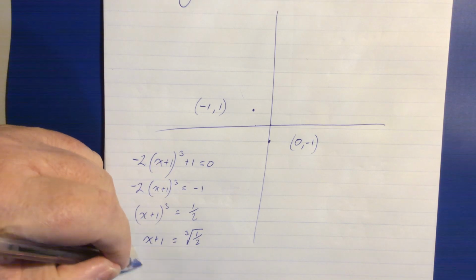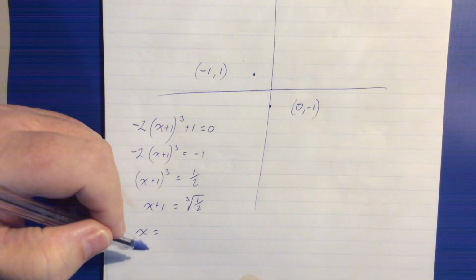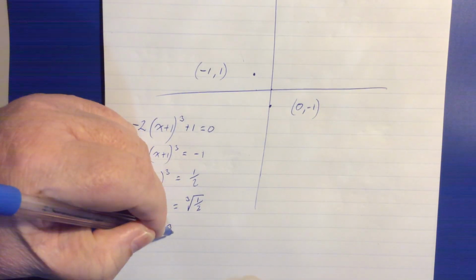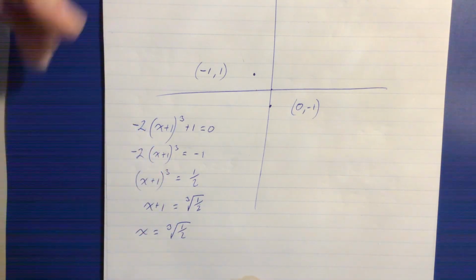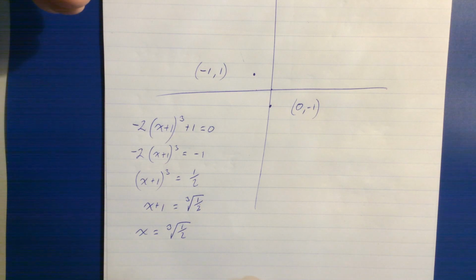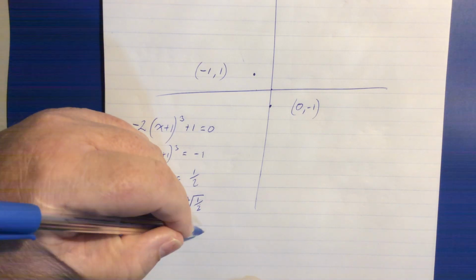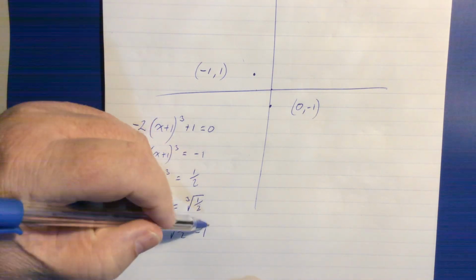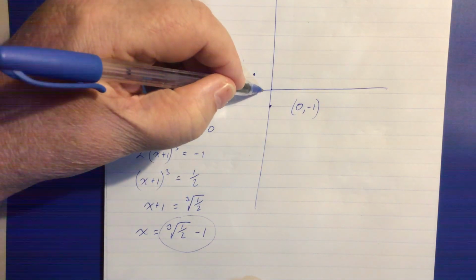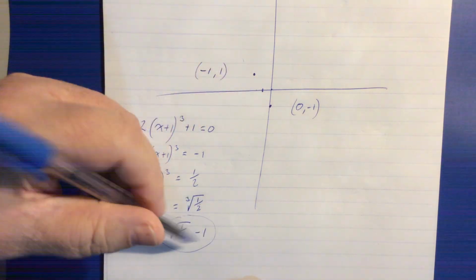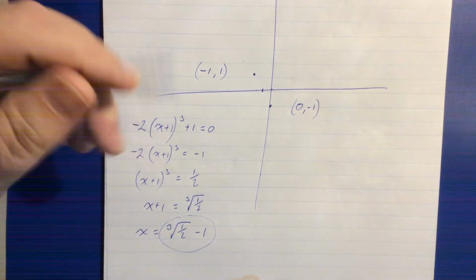Now x will therefore equal the third root of 1/2, which is certainly a fairly small number, minus 1. And this point here is going to be our x-intercept.